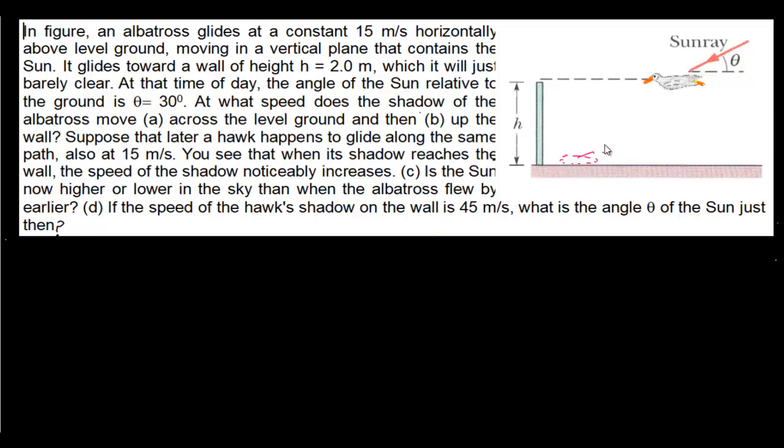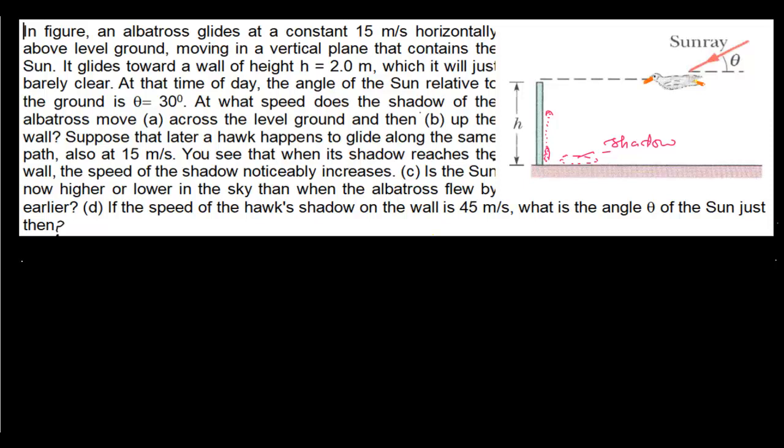As it moves near the wall, the shadow reaches here, and as it moves further, its shadow will move up the wall. So we have to find the speed of these shadows, in this part A and B.